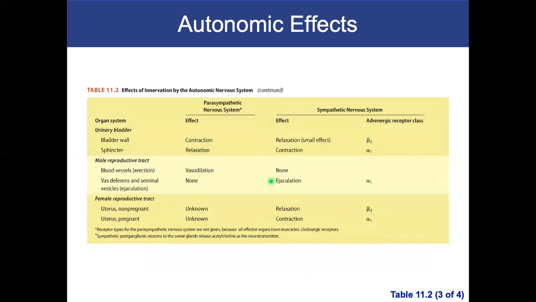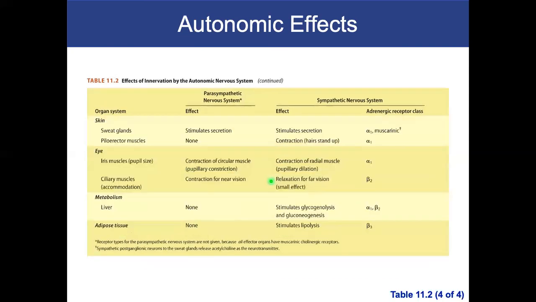Okay. You can read the rest of it just to get you an idea of what role the sympathetic and parasympathetic nervous system plays. Take a look at metabolism, since we just finished metabolism. The liver. So when you are excited or nervous or anxious or stressed out, the sympathetic nervous system is actually going to stimulate glycogenolysis and gluconeogenesis.